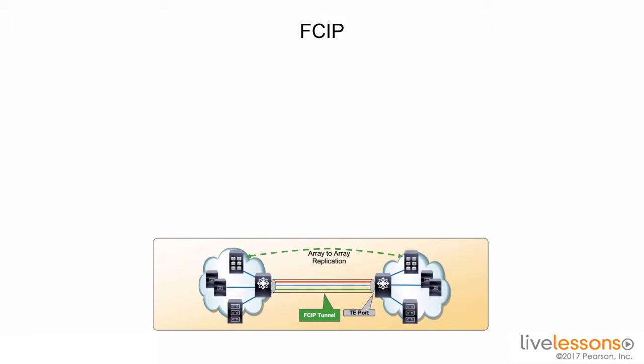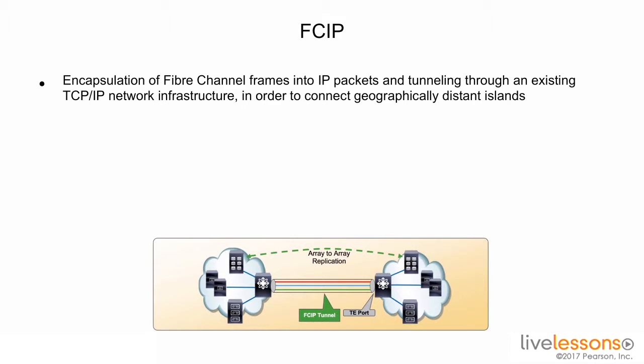Another way for switches to communicate with each other over long distances is Fibre Channel over IP. Fibre Channel over IP is a way to encapsulate Fibre Channel frames into IP packets and tunnel them through an existing TCP/IP network.